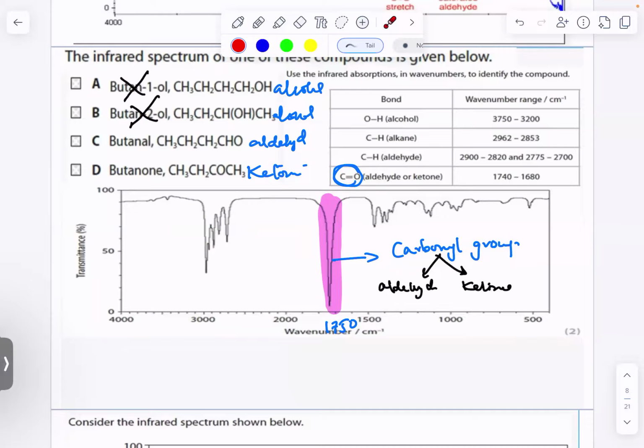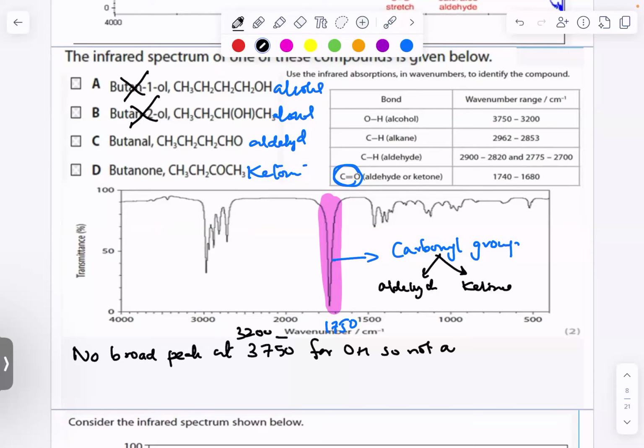Now, the very first thing is no broad peak. I'm going to write no broad peak from 3200 to 3750 for OH, so not an alcohol. Number two, strong C=O peak at 1700.